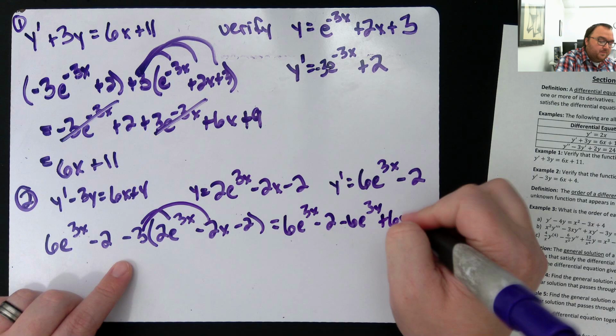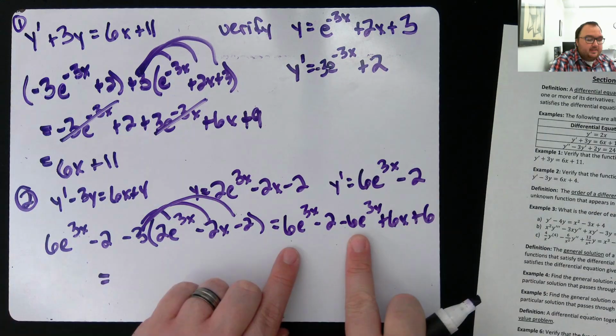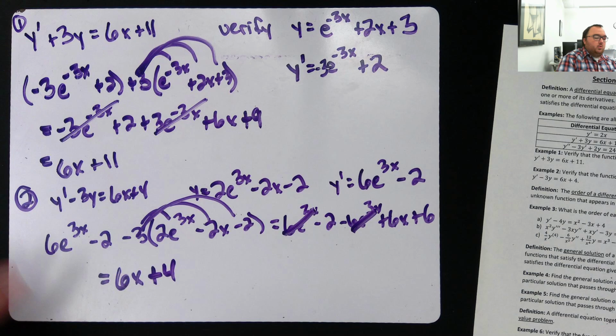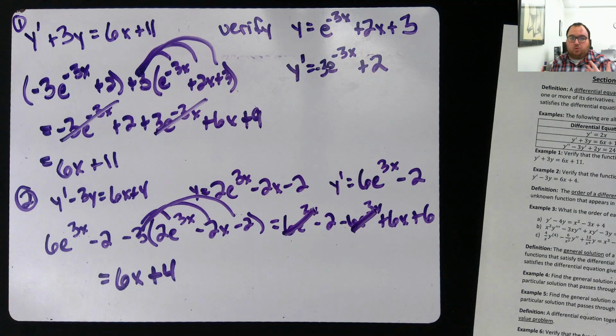Combine like terms: 6e to the 3x minus 6e to the 3x cancels out. I'm left with 6x. Negative 2 plus 6 is positive 4. So that works out. Again, this was just to show you what I mean by wanting to solve for the y. I want to know what function I can plug in here to make it true.